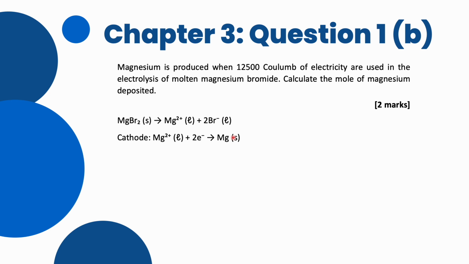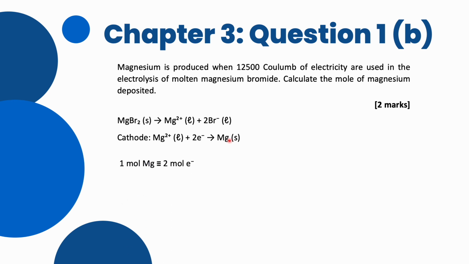Because based on the question itself, it mentioned that the electrolysis of the MgBr2 here uses 12,500 coulomb. But based on this equation, based on the theoretical, we want to know for 1 mole of magnesium solid, how many coulomb of electricity will be needed.